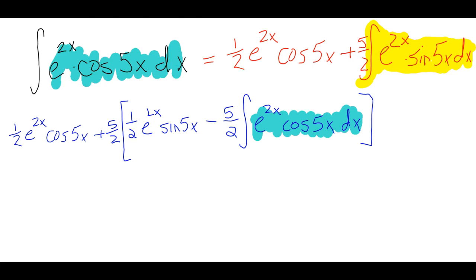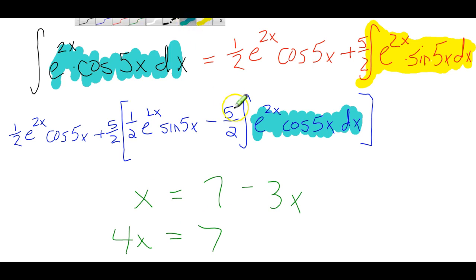Alright, and so what we're going to do now is it's basically like algebra. If I had something like x is equal to 7 minus 3x, I could group the x's together and I can solve for that x. It's just now this x, this unknown, is like this integral.